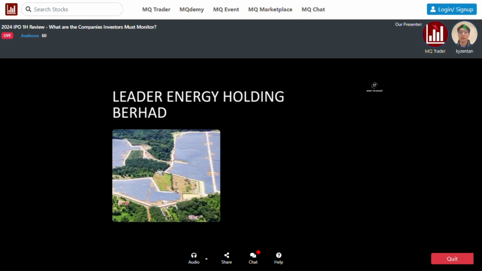It's not Tenaga level, but in terms of individual level, I think they are larger than Solarvest, larger than Samaiden, larger than Sunview, and I think even larger than MFCB for their hydropower plant, Don Weng, if I'm not mistaken. It is also larger than Sapak, Leader Energy. So it's quite a substantial IPO that a lot of people are looking forward to.